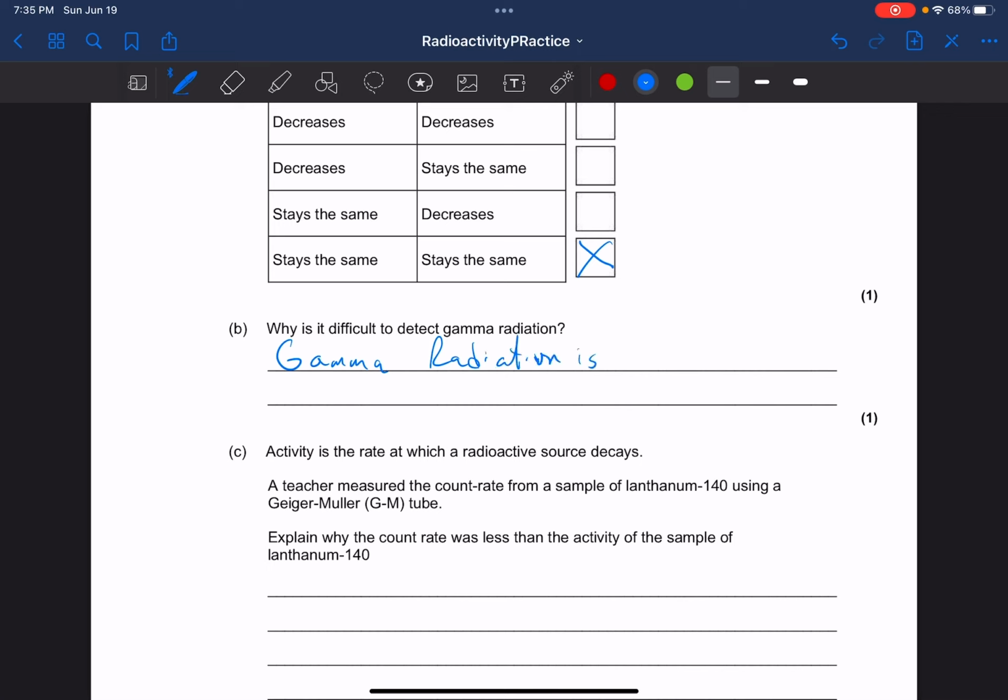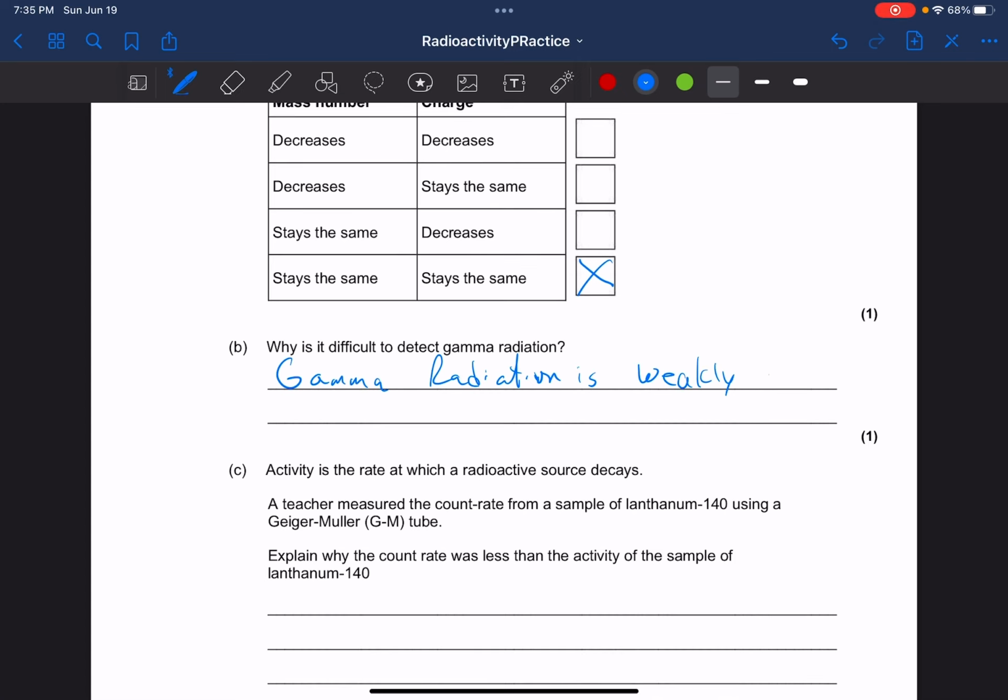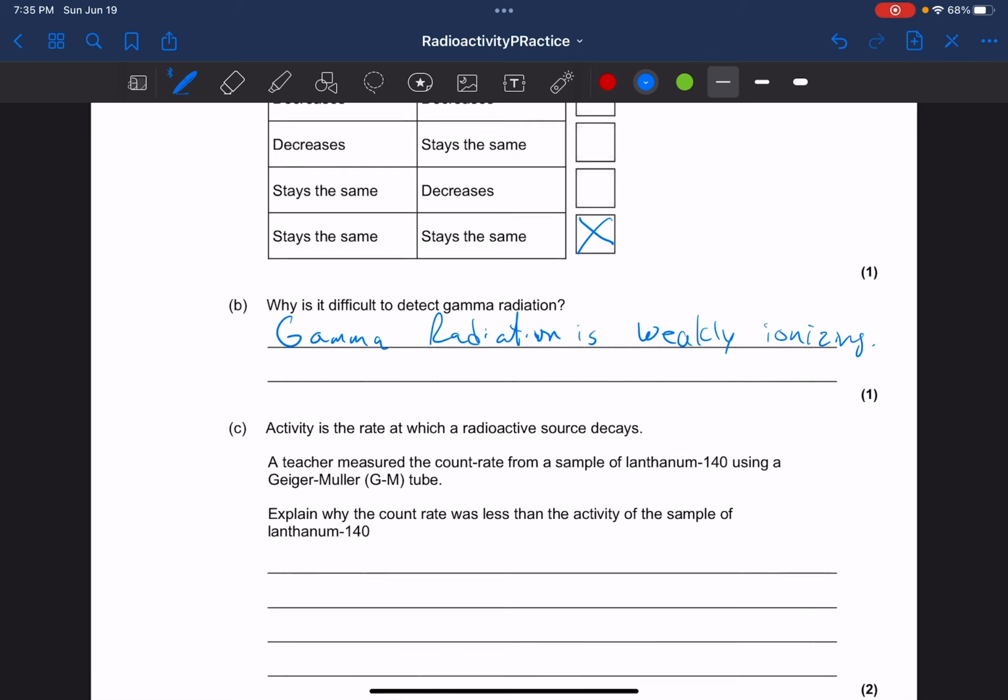I apologize for my handwriting, but it is weakly ionizing. That means that it's going to pass right through the detector most of the time.